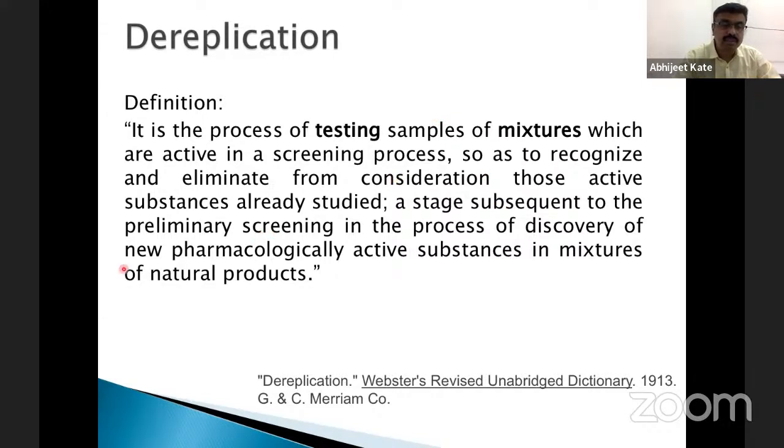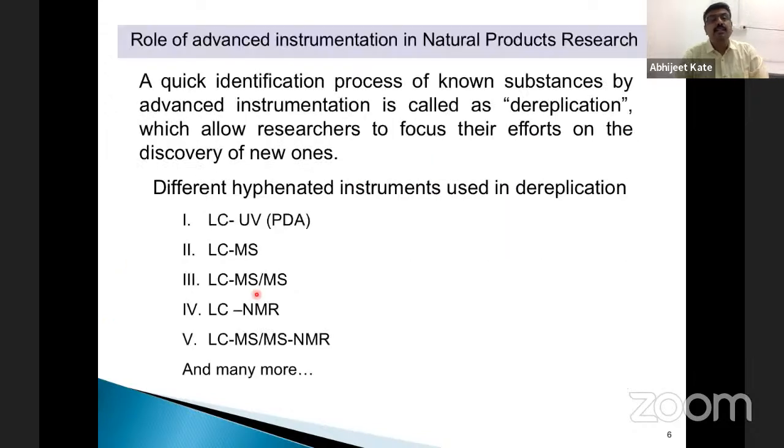So if I move forward, what are these different techniques and what are different methods? These are a few of them I have mentioned here. Earlier it started with simple HPLC with in-house standards, where they used to record the retention time and UV profile, and use that for identification. Then later on, when LCMS came into the picture, they started using mass data, mostly the accurate mass when it came.